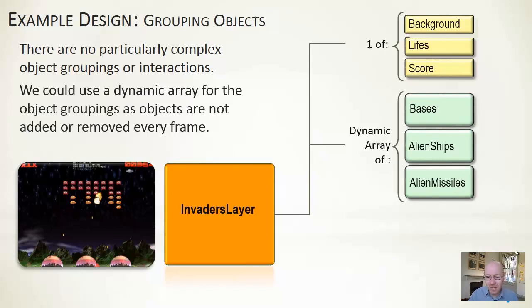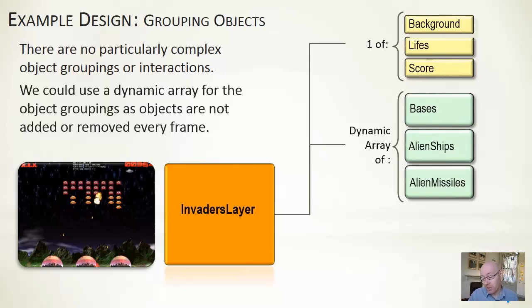Likewise with the alien missiles, here we would be adding and removing objects. We might add 1 or 2 missiles every second and remove 1 or 2 missiles every second. So roughly once every 30 or 25 frames, we would be changing that particular collection. So again, a dynamic array is perfectly fine for easily managing that.